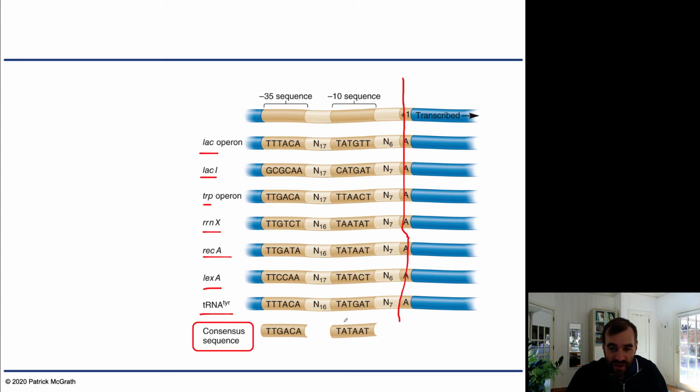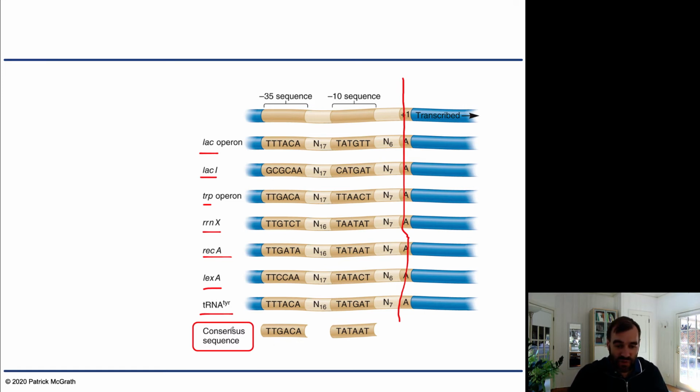You see that the consensus sequence is TATAAT, but almost none of these genes have an exact match. This one is TATGTT, this is CATGAT. So they're close. Typically there's only one base pair difference, maybe 2 base pairs that are different, but they're definitely not exact matches.